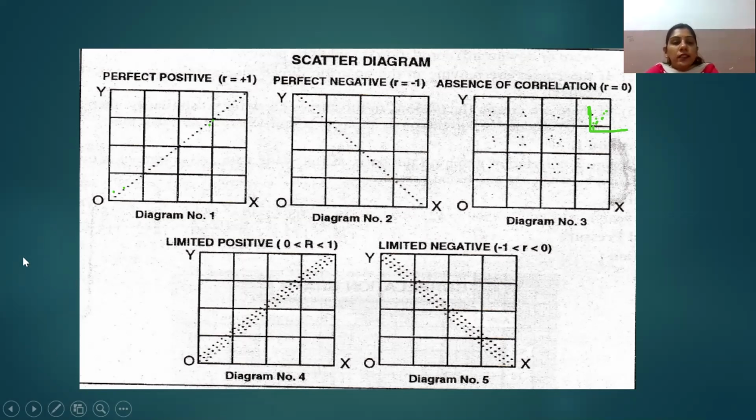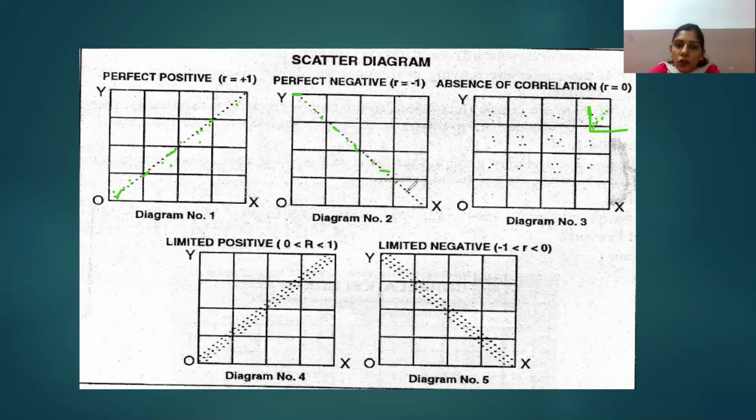In perfectly positive correlation, the points plotted on a graph are going up in a straight line. But in perfectly negative correlation, the points are falling in a straight line.